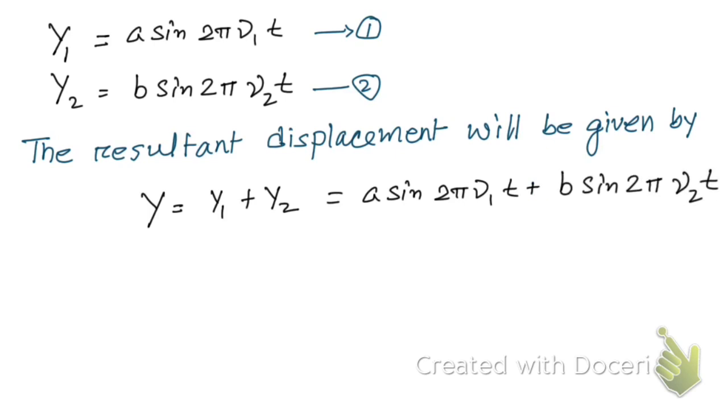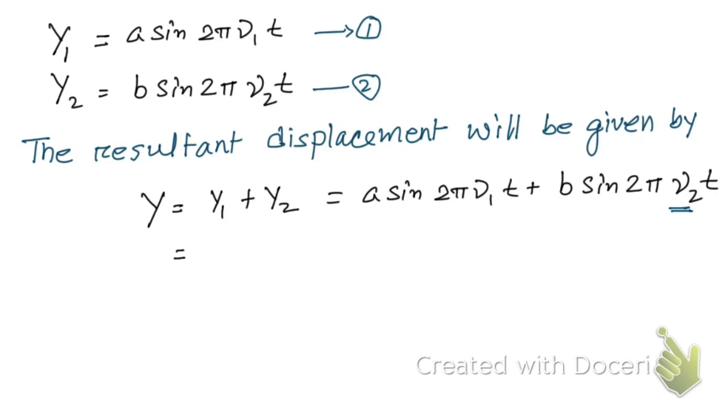Now we can do one thing. We can express nu2 as nu1 minus nu1 plus nu2. Nu1 cancels and again we get nu2, so we can express it like that.